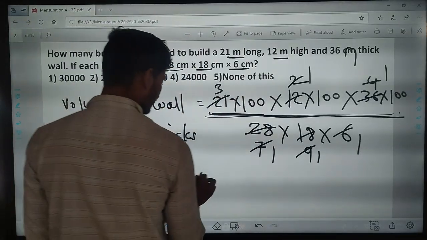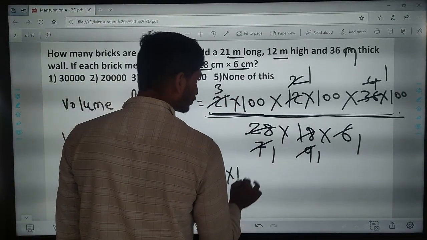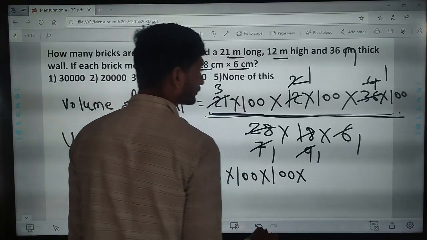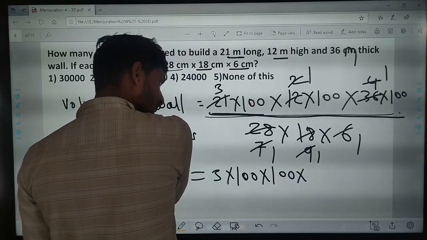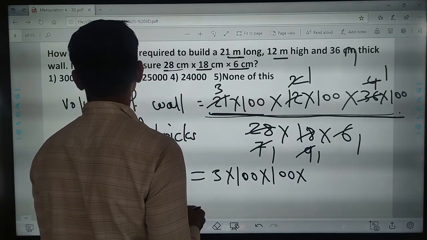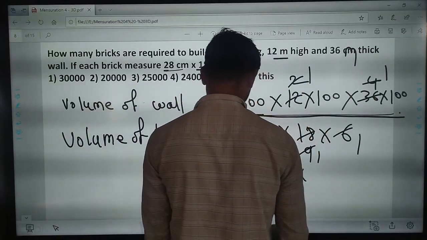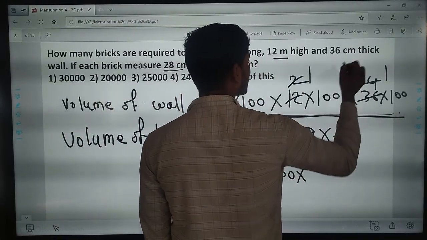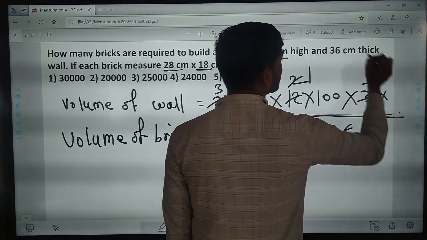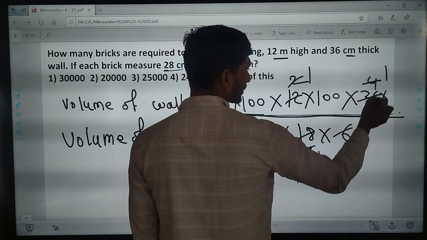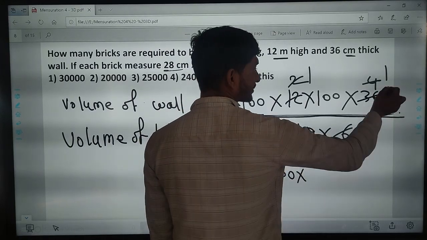Now here the remaining is 3 into 100 into 100, and here directly write 36.